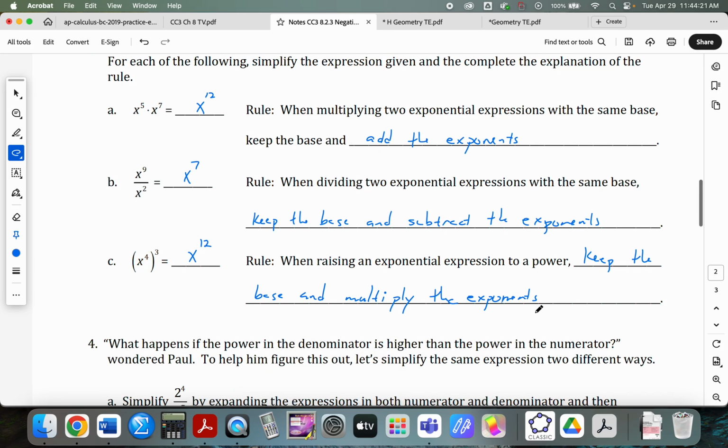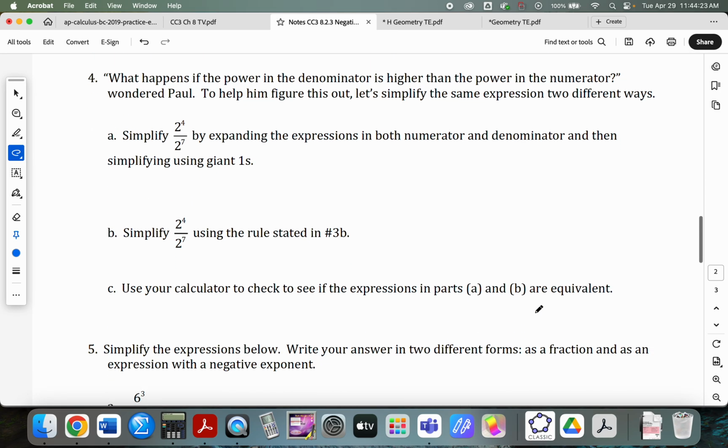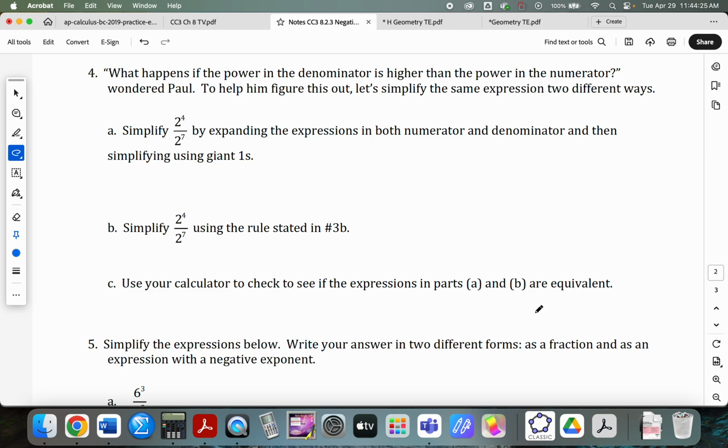Now, here's where we get into something a little new. What happens if the power in the denominator is higher than the power in the numerator? To help figure it out, let's simplify the same expression two ways. Let's simplify 2 to the 4th over 2 to the 7th by expanding the expressions.